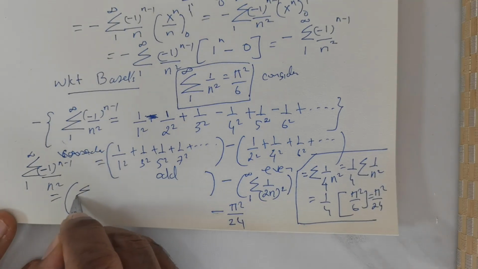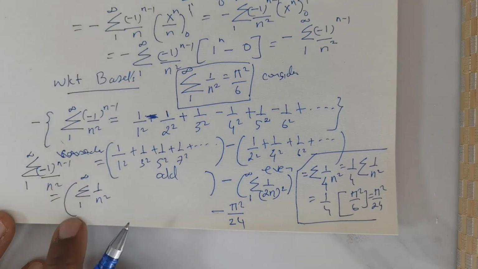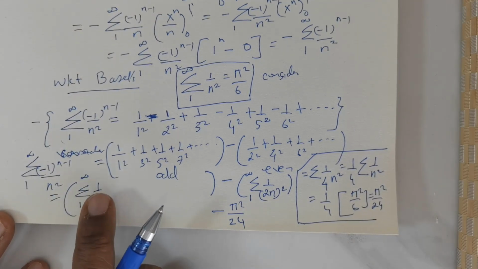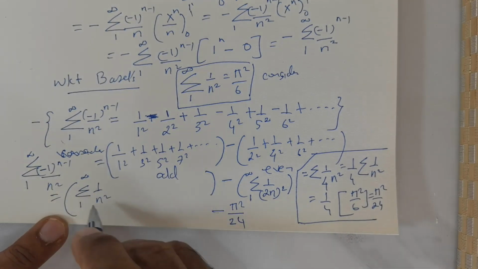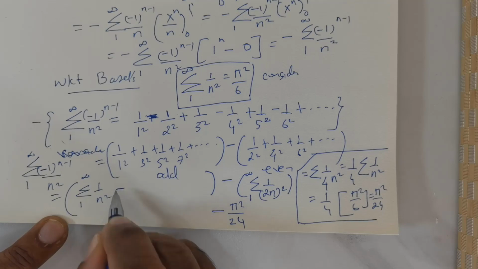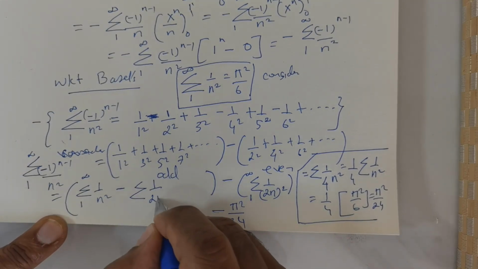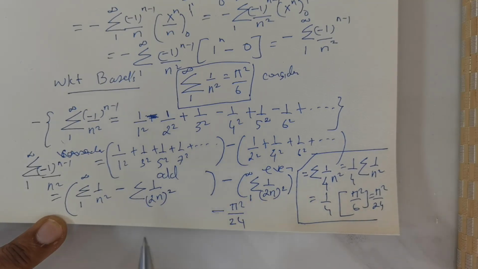If I take sigma n equals 1 to infinity of 1 over n squared, n is equal to 1, I get 1 squared, n is equal to 2, I get 2 squared, 3 squared, 4 squared, 5 squared, and so on it goes. But from this I need to subtract all even numbers, so sigma 1 over (2n) raised to the power of 2.